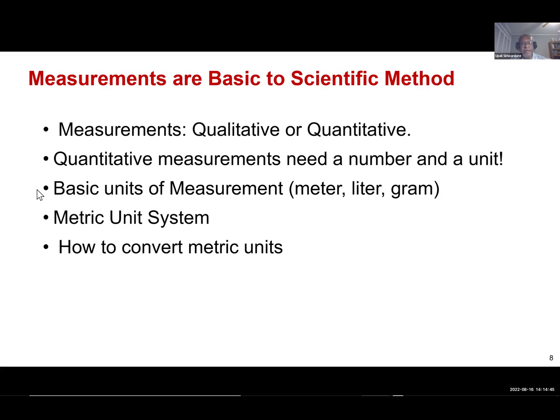So there are basic units for observations. There are three main: length, volume, and mass.